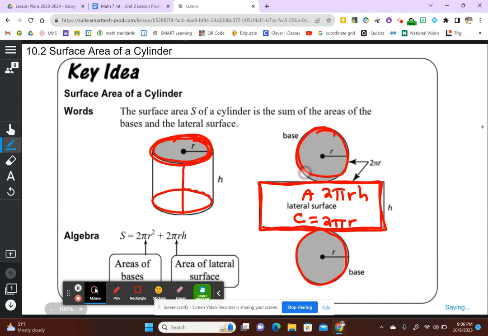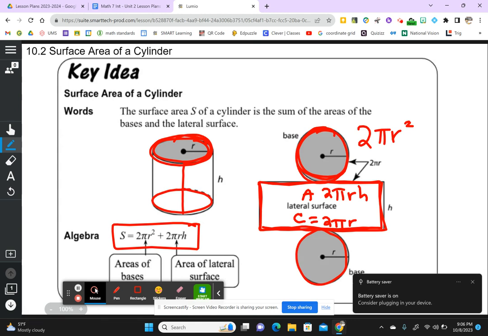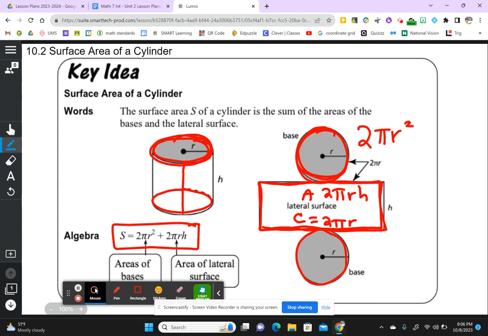And the area of the circle is pi r squared. But there's two of them, which is why the formula for the surface area of a cylinder is 2 pi r squared plus 2 pi r h.